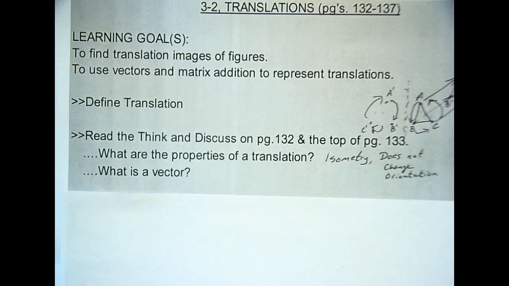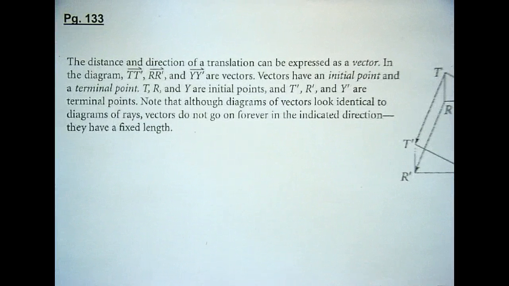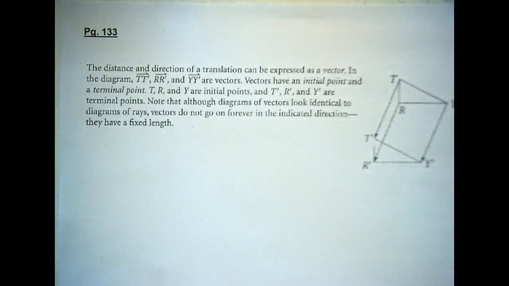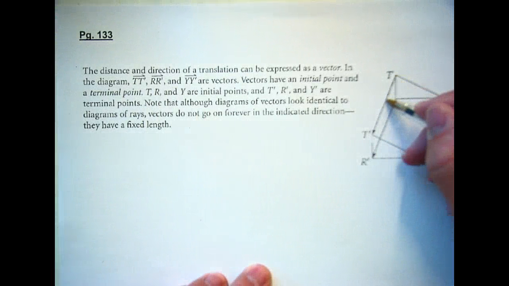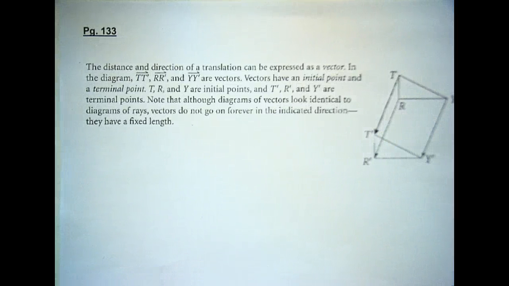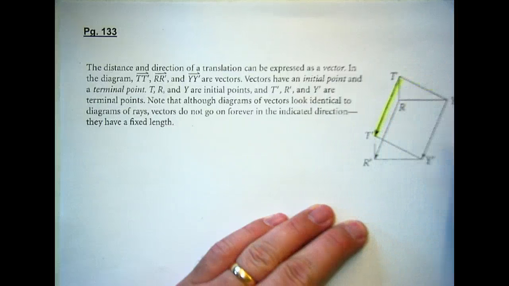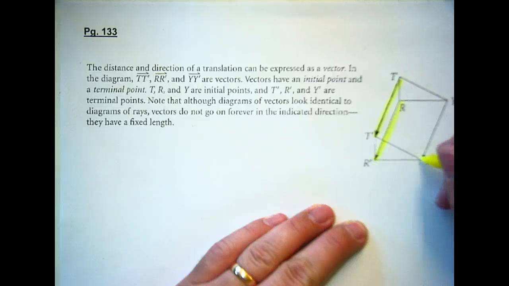Okay. All right, so I want to talk a little more about vectors. On page 133, the distance and direction of a translation can be expressed as a vector. If I have T to T prime, that's dealing with this vector. Notice that's a ray right there. And then R to R prime, and then Y to Y prime.